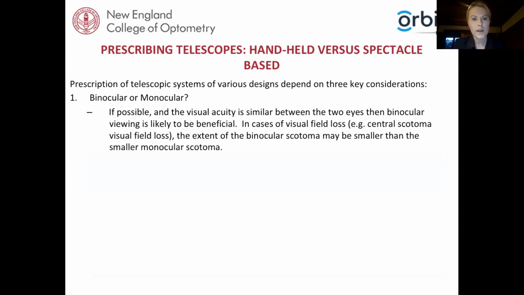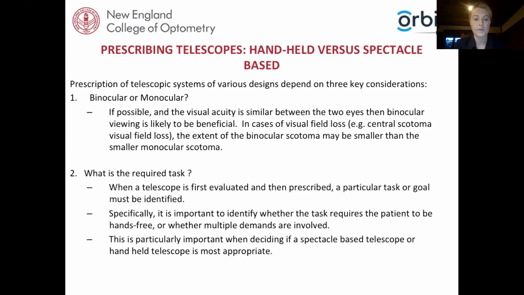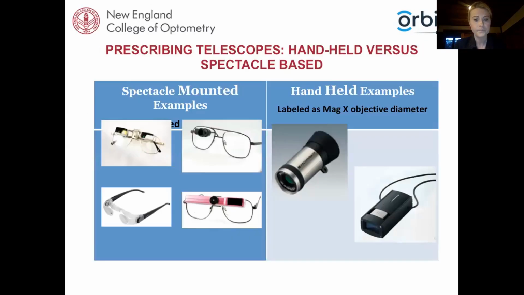So when we're prescribing telescopes and thinking about handheld versus spectacle, we really have to think about three considerations. One is, do we want the patient to be monocular or binocular? This may have several factors in terms of their scotoma and so on. What is the required task? If it's a hands-free task, then we're bound to do a spectacle-based system.